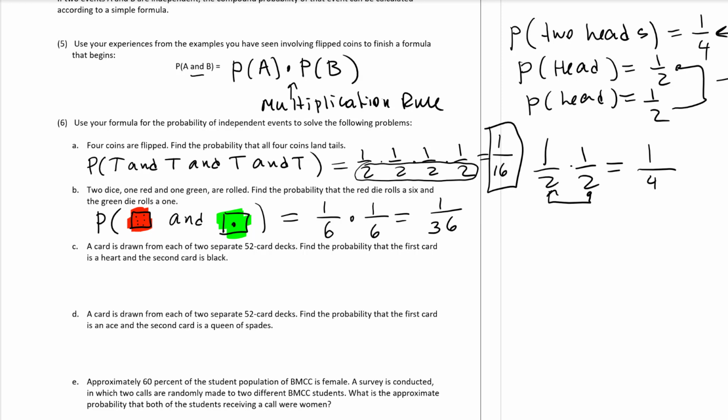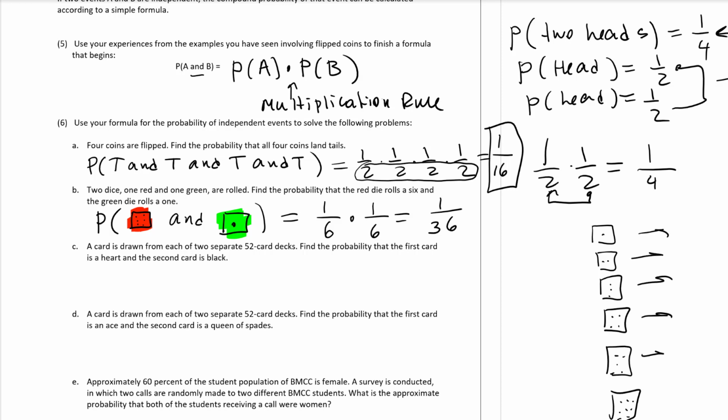There are 36 outcomes. There are 6 outcomes for the first die, then another 6 for the second, you pair them up with each other, so altogether you have 36 possibilities and only one of them is a success.